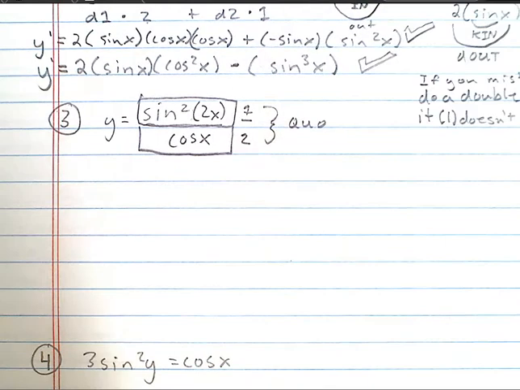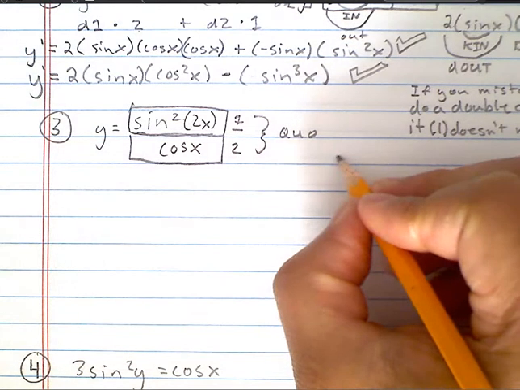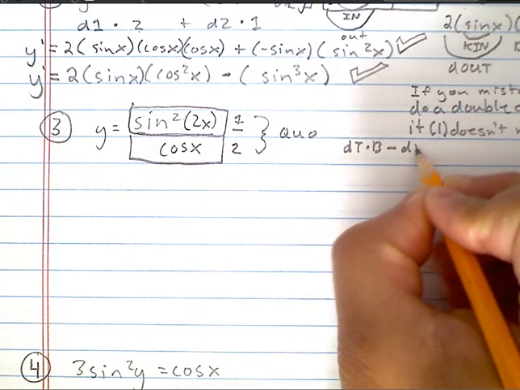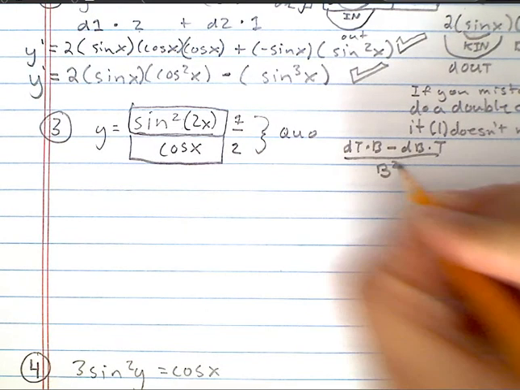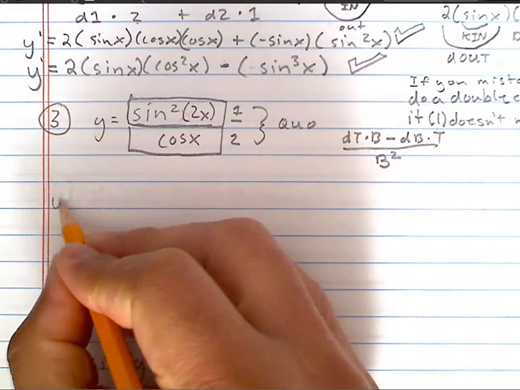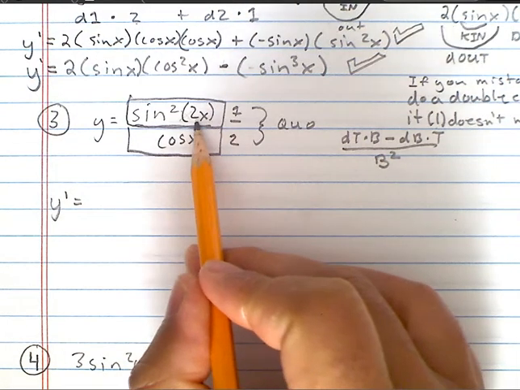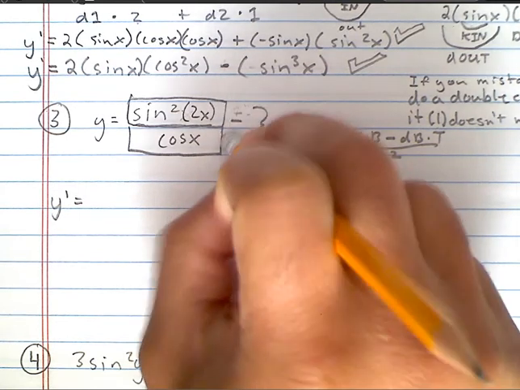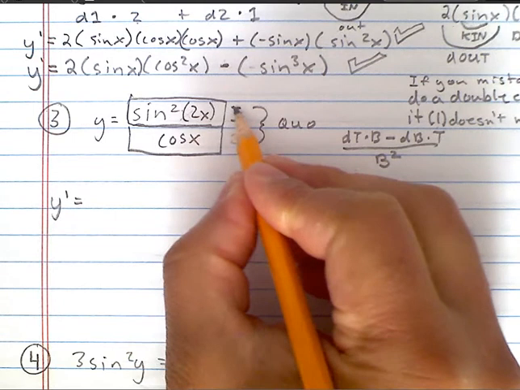Alright, quotient rule is dt times b minus db times t over b squared. So let's get to it. Right off the bat, when I do my dt, which is the top, oh, I'm sorry, I said thing 1 divided by thing 2. I meant to say there's a top divided by a bottom.